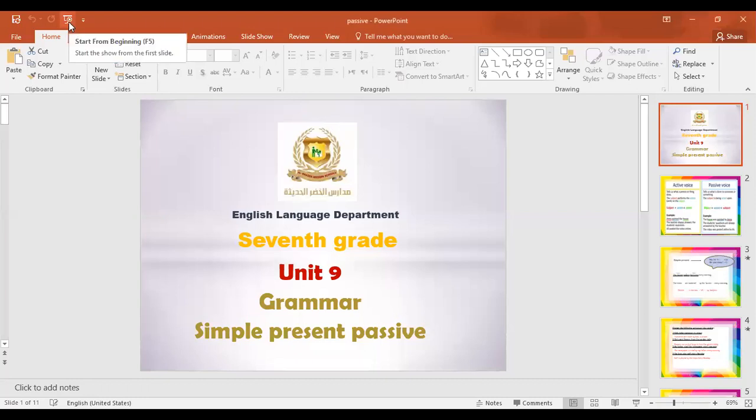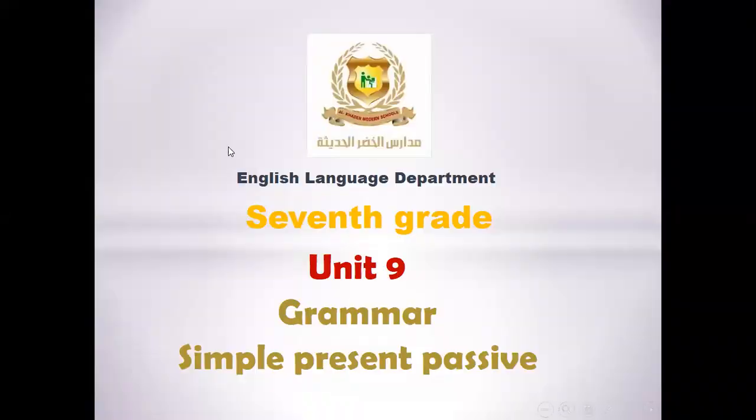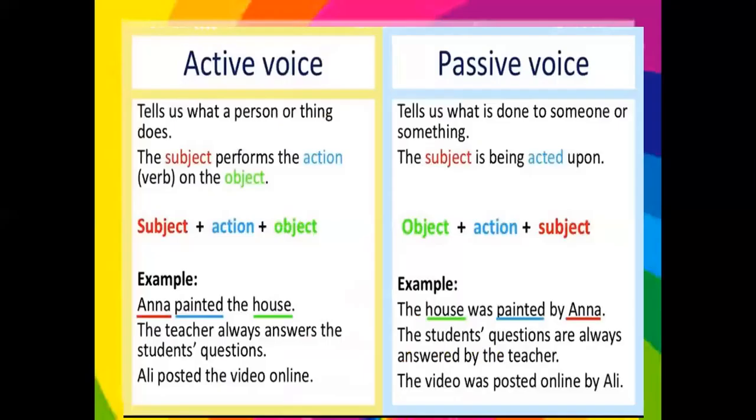Today we are going to start our grammar lesson for Unit 9, the passive voice. Of course, you heard about it before, but today we are going to talk about it again. So, we have active voice and passive voice.